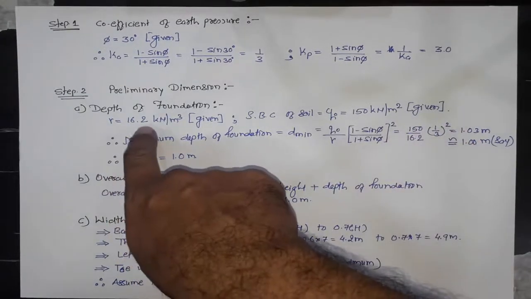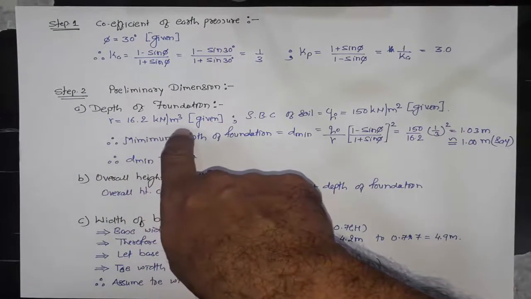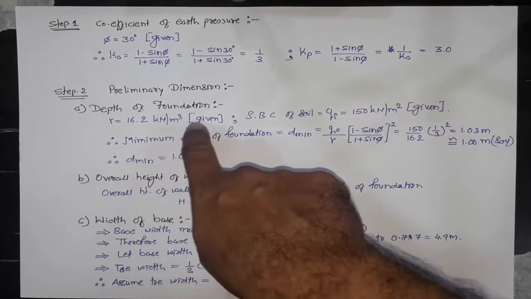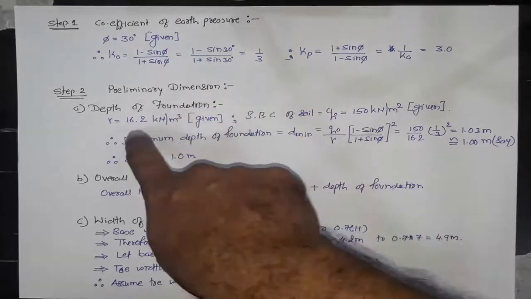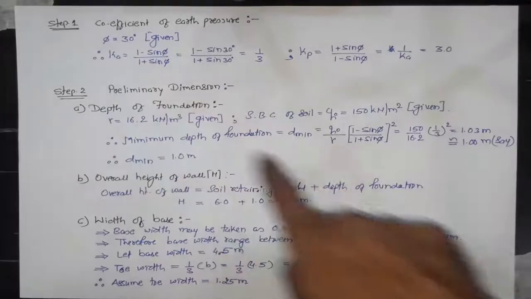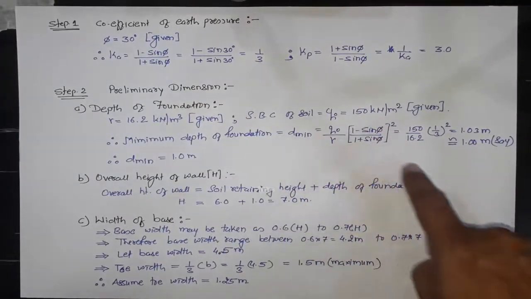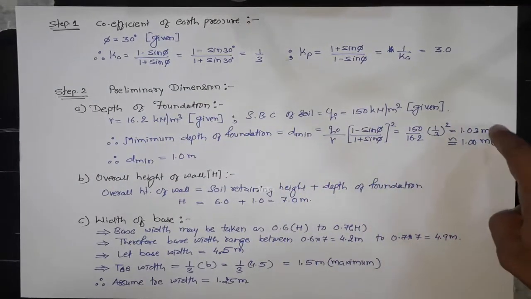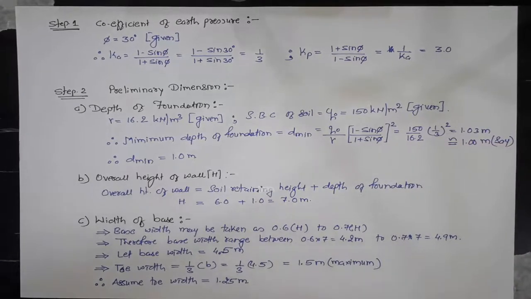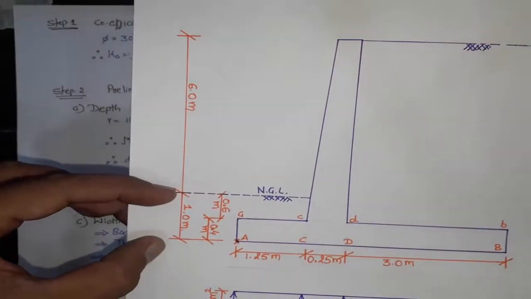Again gamma is 16.2 kN per meter cube, also given data. Substituting all these values, that is gamma, Q0 and Ka in this equation, you will get a minimum foundation depth as 1.03. Say we will take it as 1 meter. This is the foundation depth.